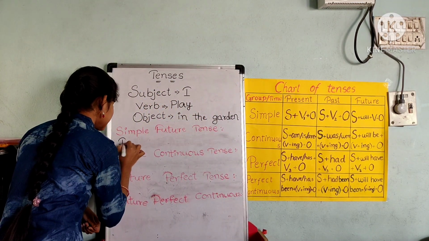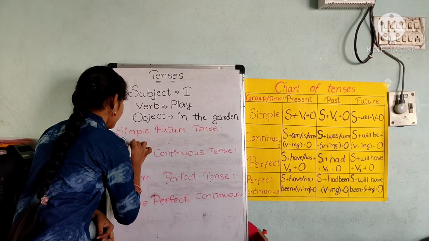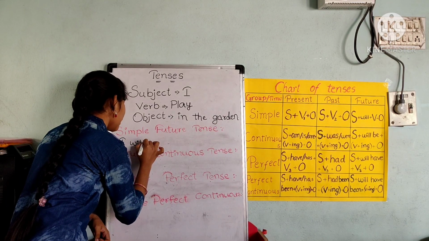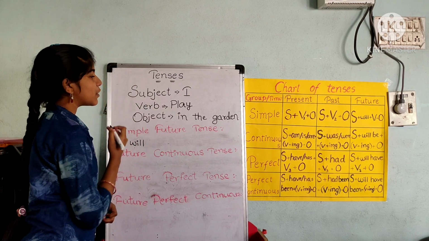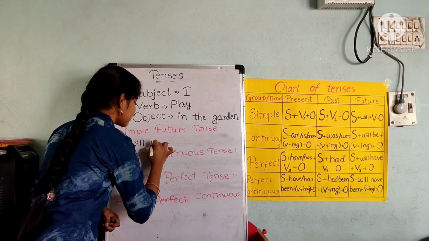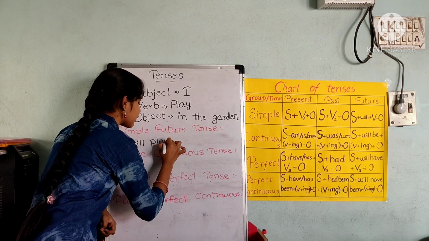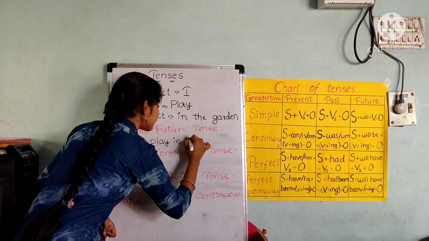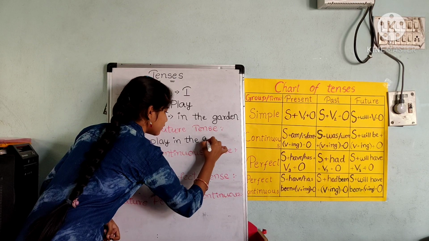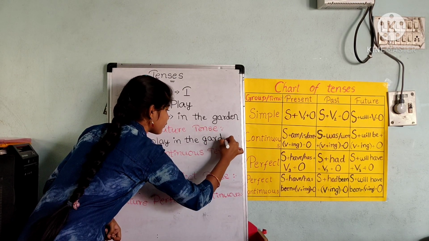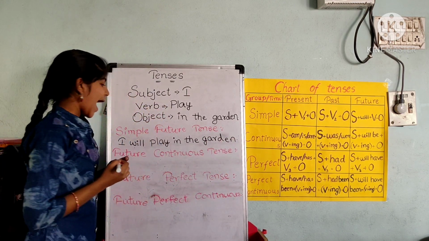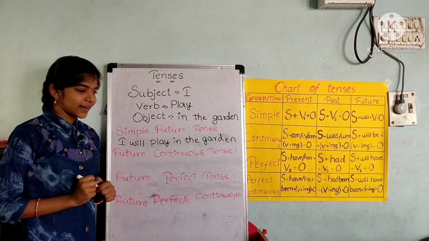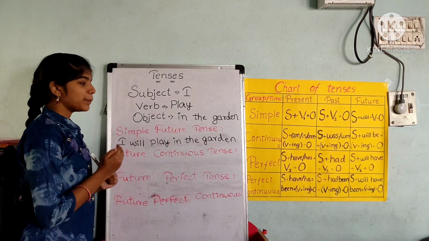Subject is I and will, and first verb form for play is play, and object is in the garden. I will play in the garden is an example for simple future tense.